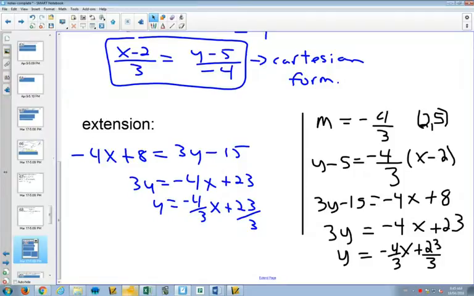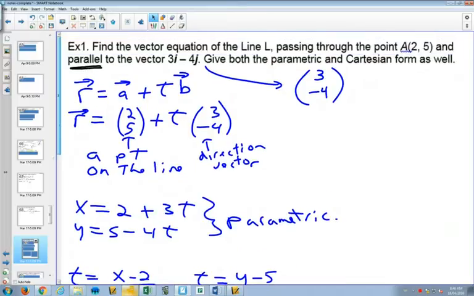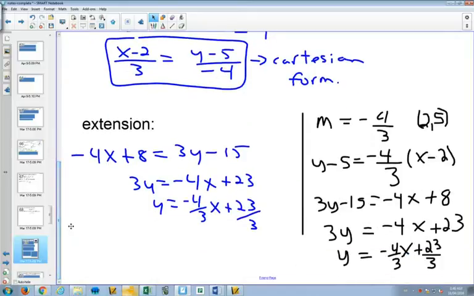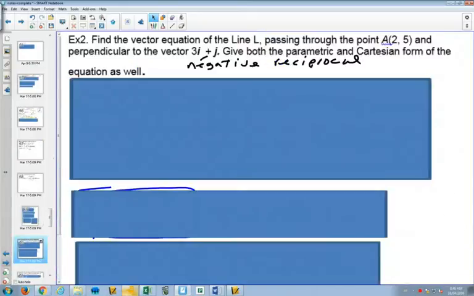Or you could have started off with y equals mx plus b, plugged in the point 2, 5 for x and for y and solved for b, and you would have got 23/3 that way as well. But what we're going to find is our vector equations are more simplistic to work with once you get used to them, because you're not dealing with all those fractions.